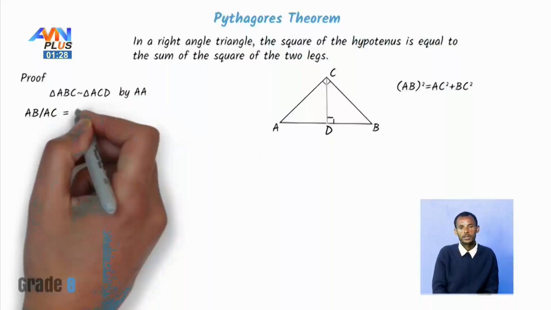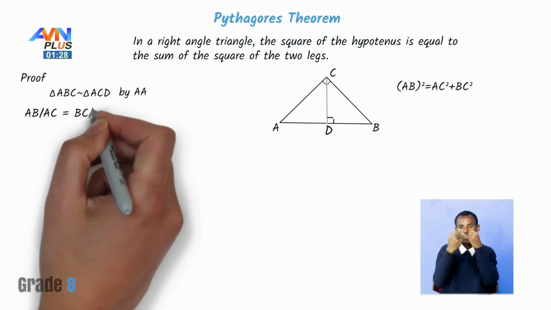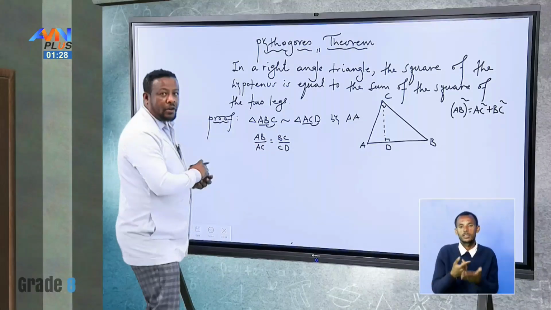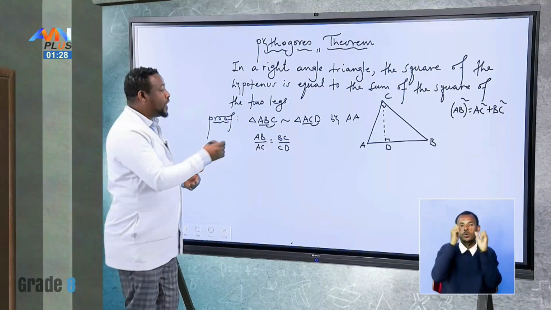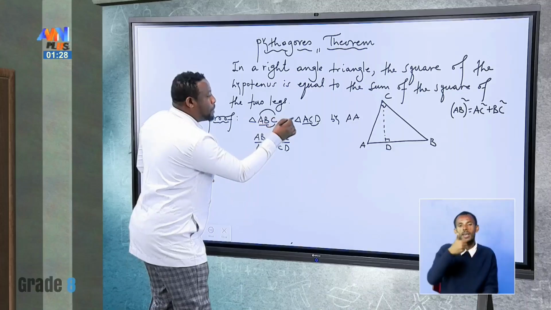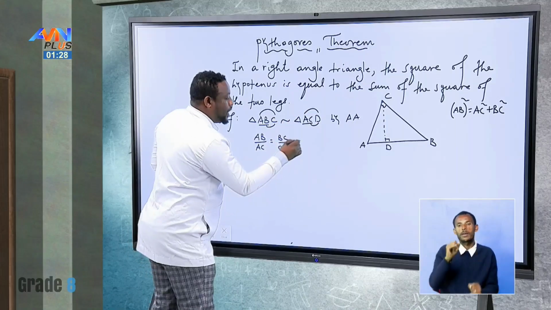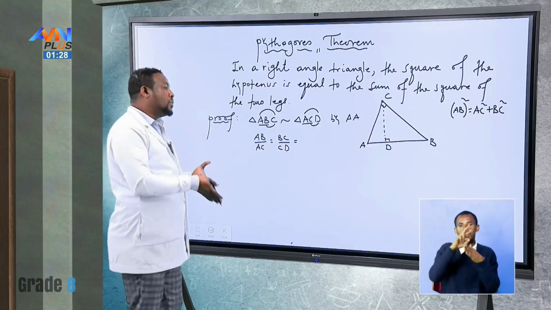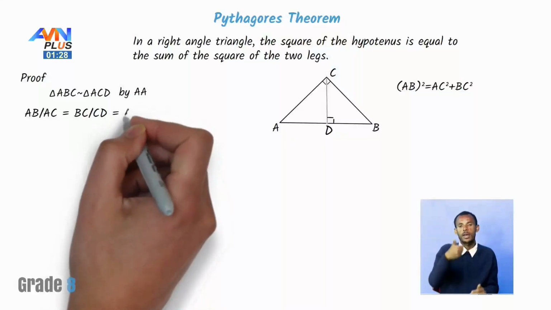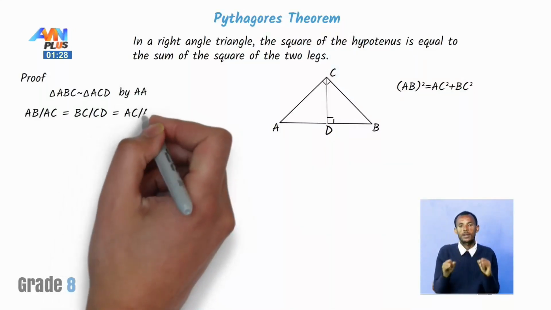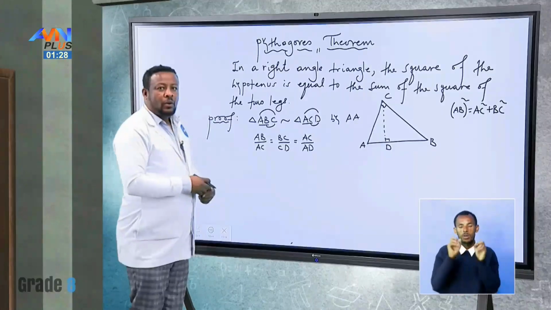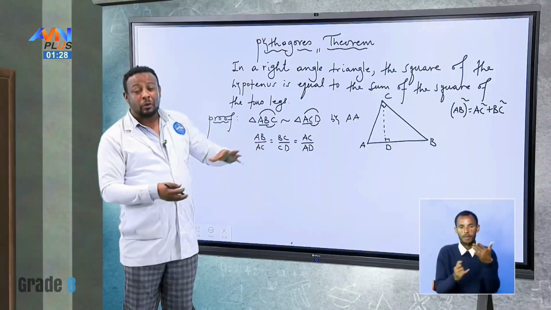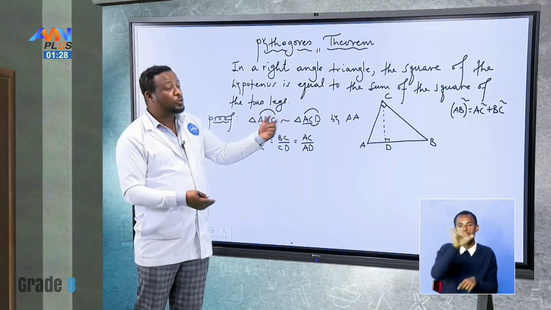These are equal. You can also take AC over AD. All these ratios are equal. We can derive this proportionality by the similarity of these two triangles.